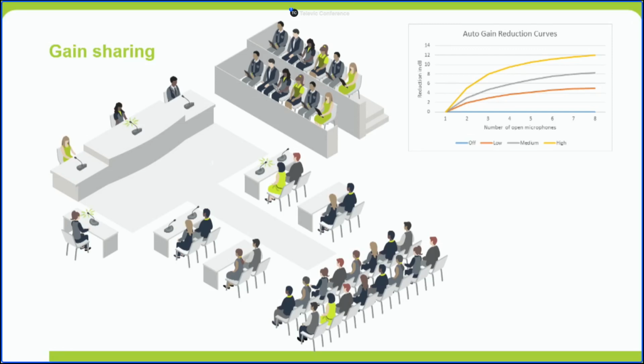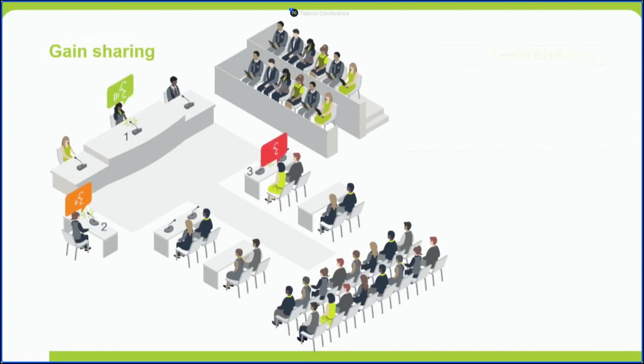So that means that regardless of whether you were speaking in the microphone or not, the number of open microphones defines the auto gain reduction curve. So for example, in this case, we have three open microphones, and that means that the auto gain reduction will be applied. So that was how it was applied in the past.